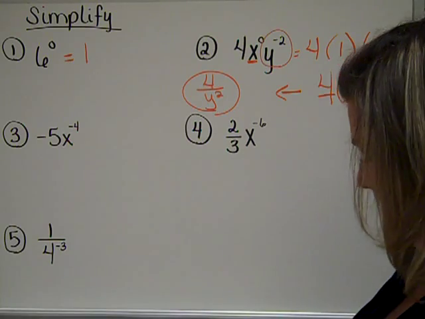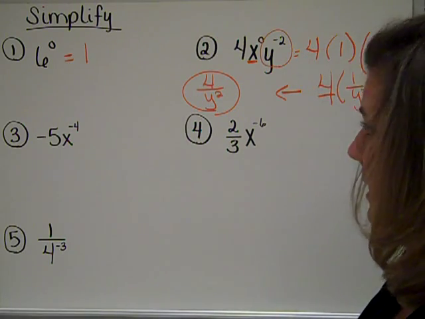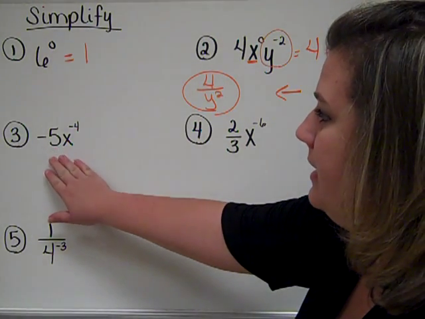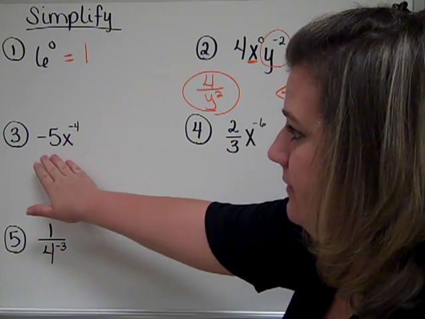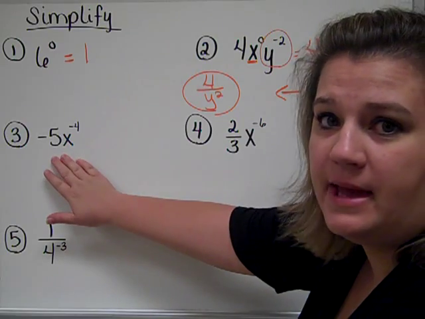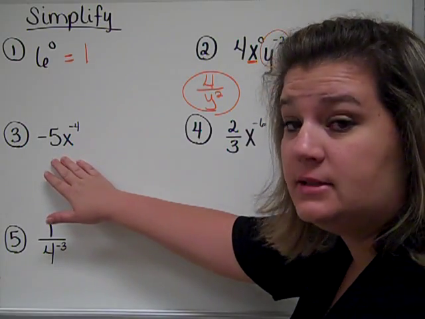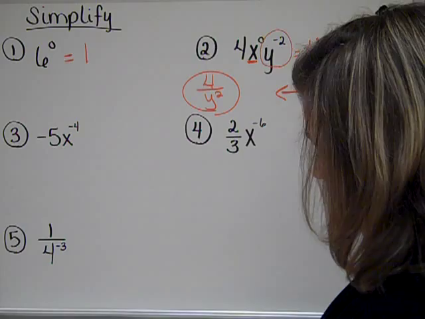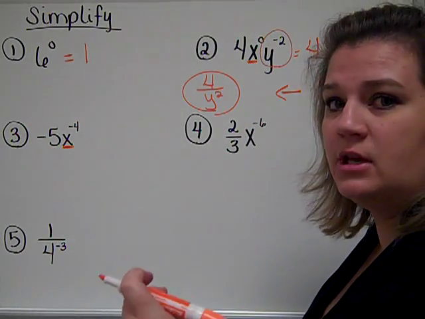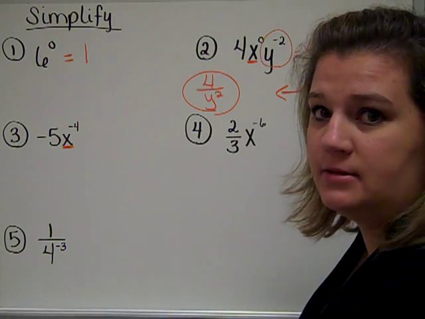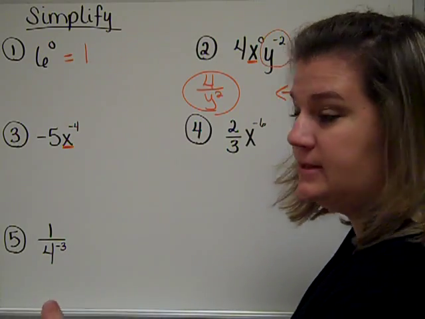Okay. Now, number 3. So I have negative 5x to the negative 4th. Negative 5 is not a part of my base. X is my base to the exponent. Okay? So I have to be real careful when I'm dealing with this. The parentheses is going to tell you what is part of your base and how that exponent affects that base.